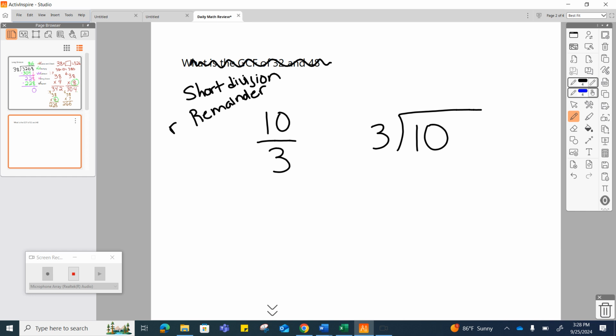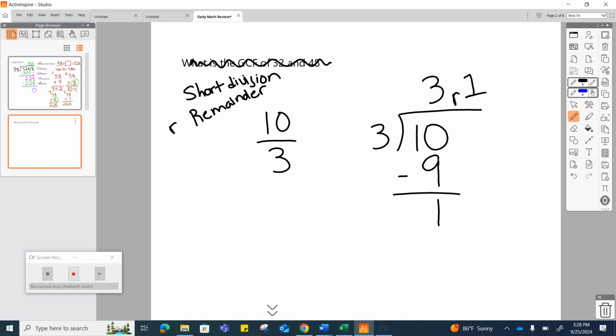So let's try this. 3 goes into 10 3 times. 3 times 3 is 9. This is technically our guess and check in multiplication. We subtract. We have a 1 left over. In like 3rd grade, you were allowed to write 3R1.